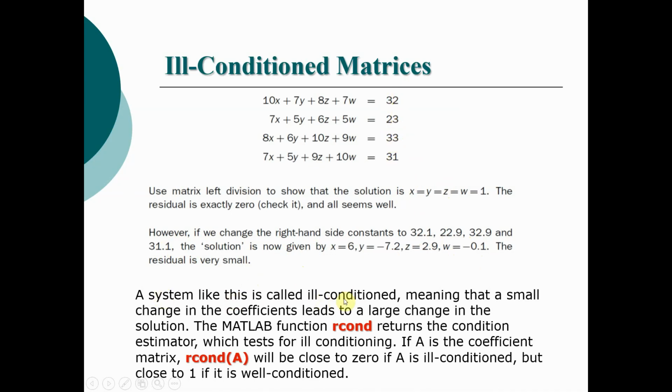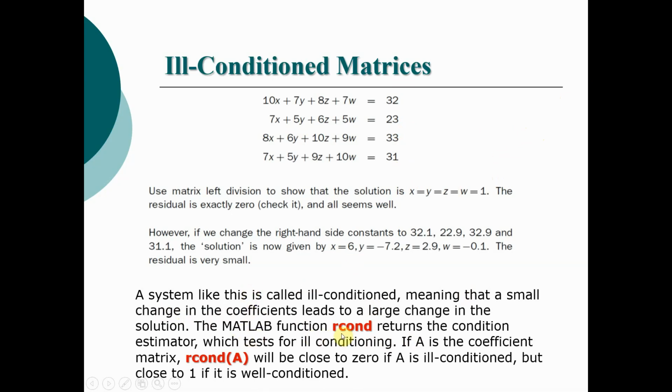A system like this is called ill-conditioned, meaning that a small change in the coefficient or a small change on the right hand side can change the solution drastically, right? We saw why that happens if those two lines were very close to each other. If you change them slightly, the solution would slide to another point.